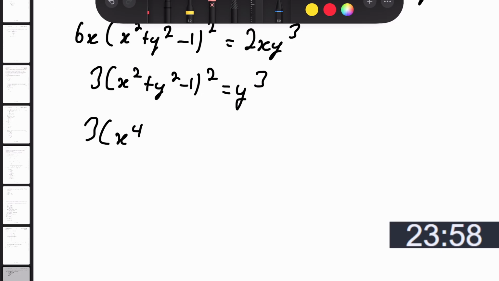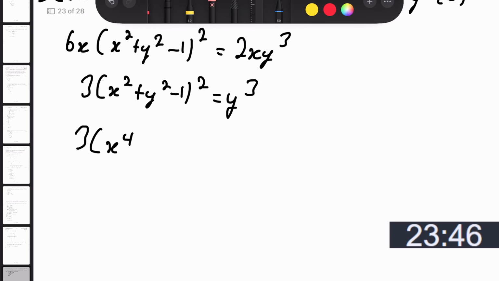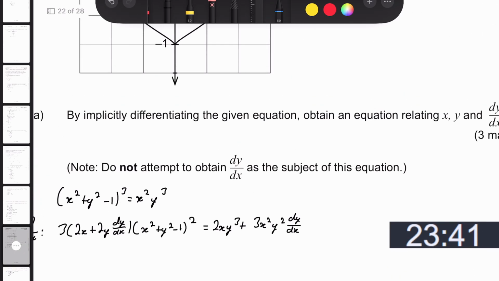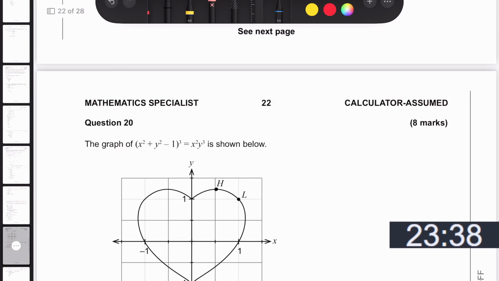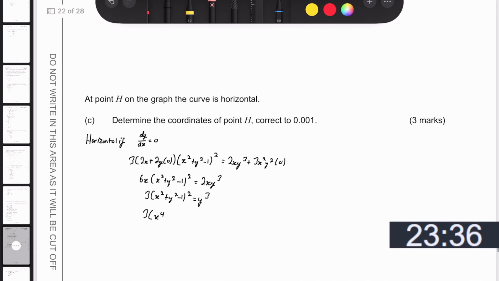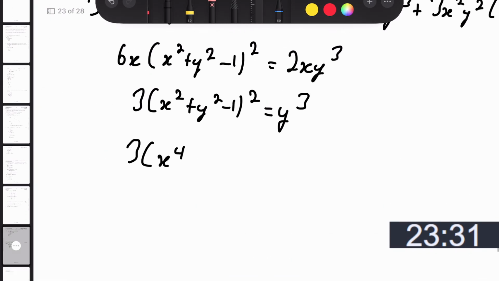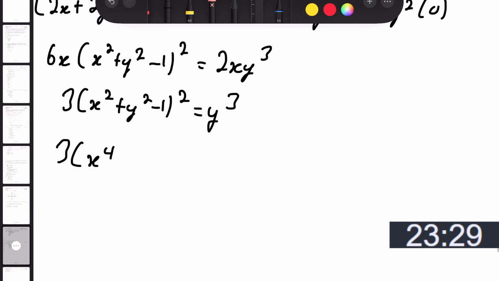Transformation, expand (x squared plus y squared minus 1) squared. Oh my god, that is so ugly. What the heck? Oh, this is the last question. I feel like I'm definitely doing something wrong by doing this all by hand.